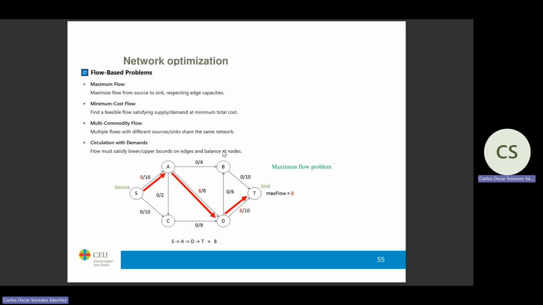So how do I share the maximum flow among all the sources and sinks? Or circulation with demand, where the flow must satisfy some lower and upper bounds on the edges and balance at the nodes. So you can have multiple problems defined on this kind of network, and all this network optimization, again, is a kind of combinatorial problem.